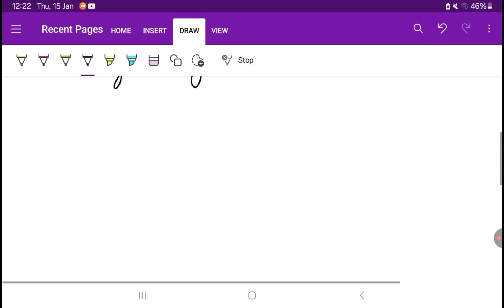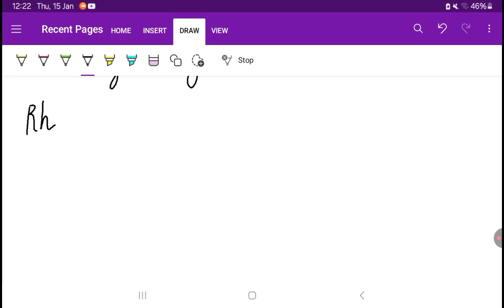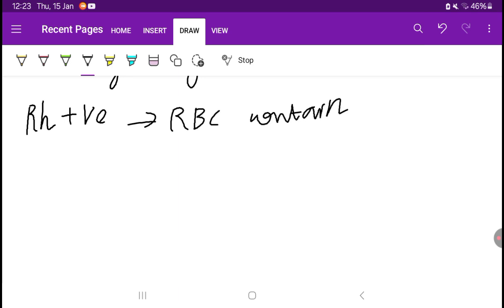What happens here is the key concept: there is an antigen present on the blood which is Rh antigen. Rh positive means red blood cells contain a specific protein, that is Rh protein.